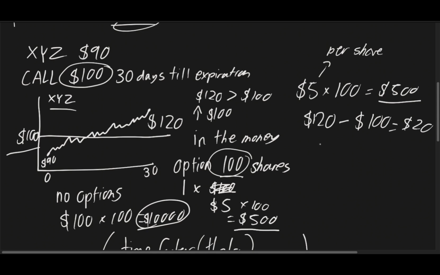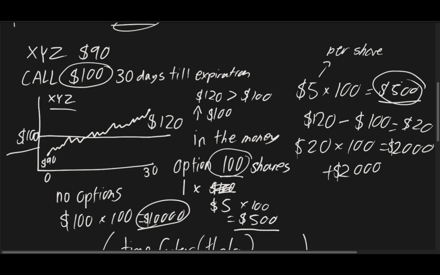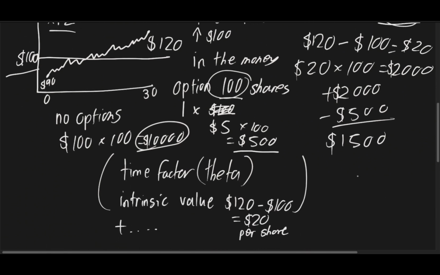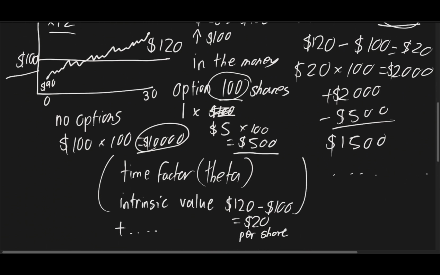And since you have 100 shares, it would be $20 times 100, which would equal $2,000 profit. But you paid $500 for this option, so it would really be $1,500 profit. And this is assuming all conditions are constant, because they are not.